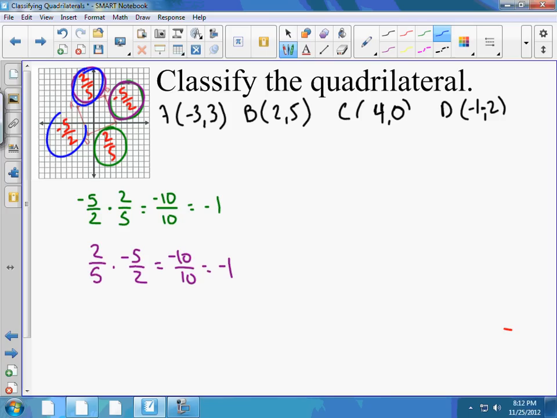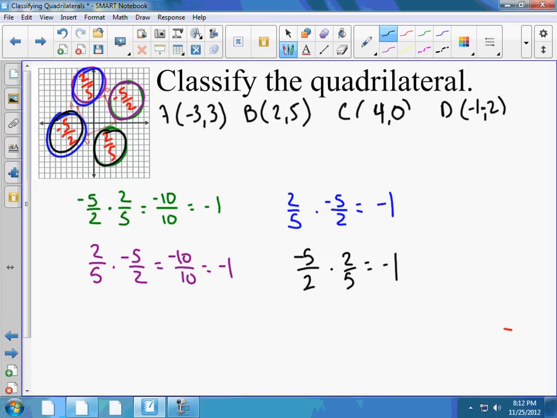Our next pair is 2 fifths times negative 5 halves, which is, again, negative 1. And our last pair, negative 5 halves times 2 fifths, again gets us negative 1.